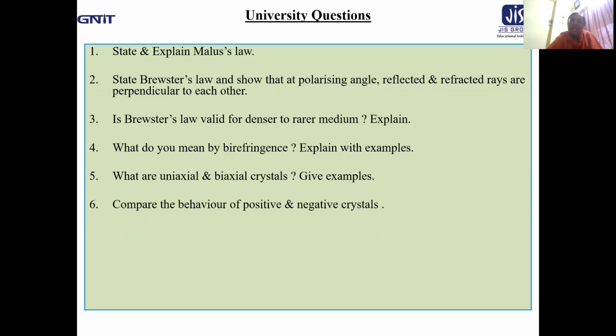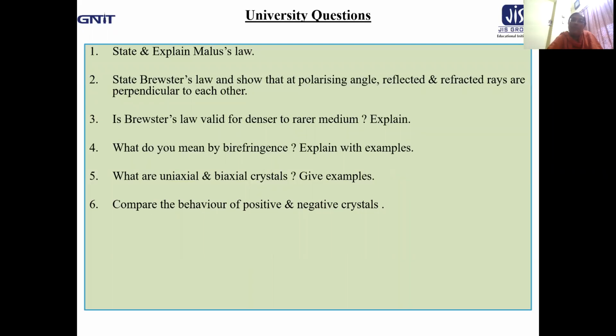Next question: compare the behavior of positive and negative crystals. Many points are given here, and you can isolate the Huygens ideas about positive and negative crystals, because questions come from there separately, mentioning that according to Huygens's explanation, you compare.